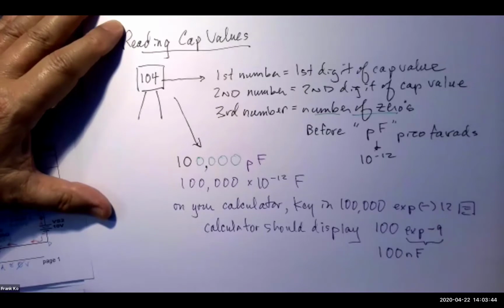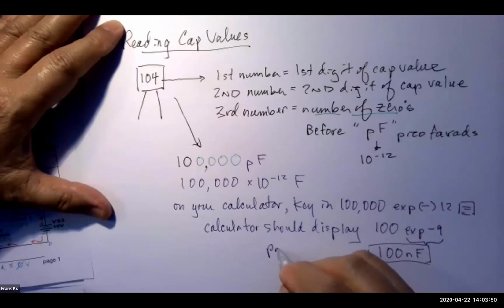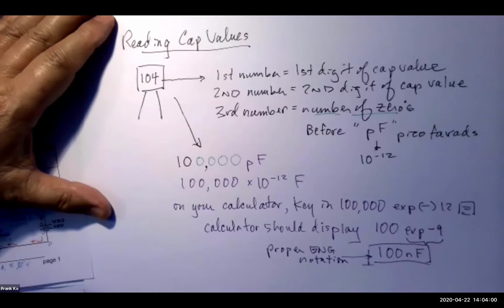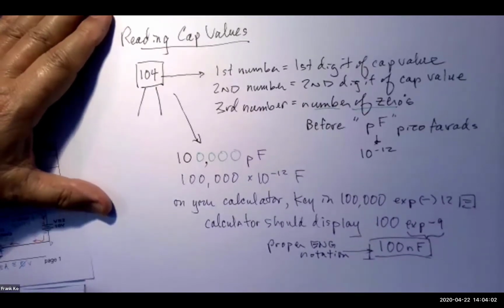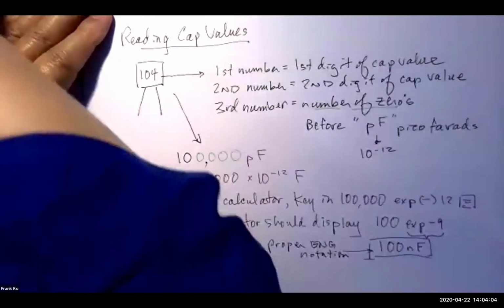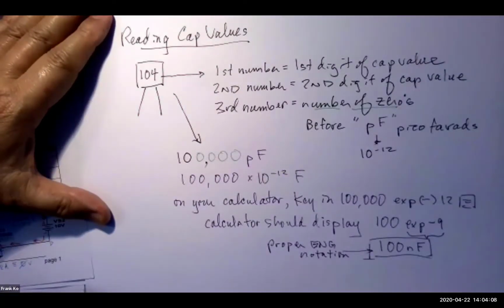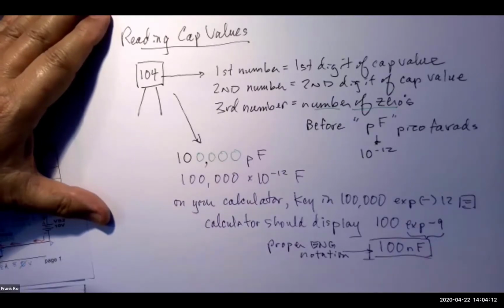Now, capacitors are very interesting. This value that you've just calculated is proper engineering notation. We've learned this since the second week that we were together. Capacitors, however, do not conform to proper engineering notation.